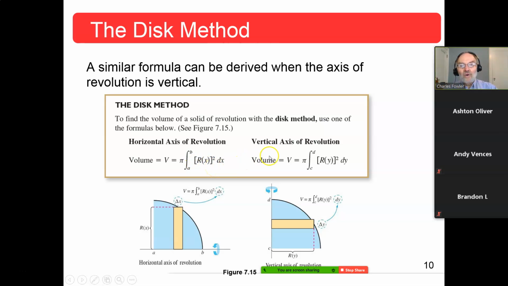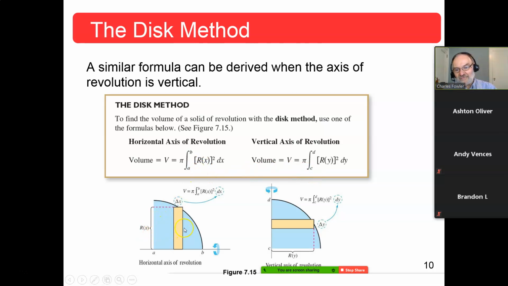Or the vertical axis is V is equal to pi times the integral of r as a function of y squared times dy, and that would be going from c to d, where c to d are your limits on y, a to b are your limits on x.